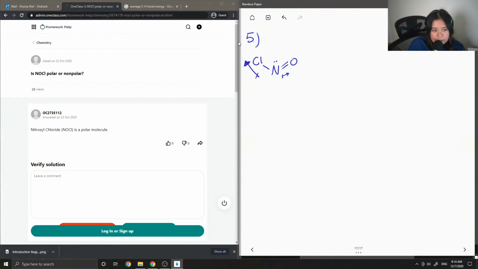The oxygen isn't electronegative enough to balance out the electronegativity of chlorine, so the dipole moment isn't cancelled out. Therefore, I can say that this molecule is polar.